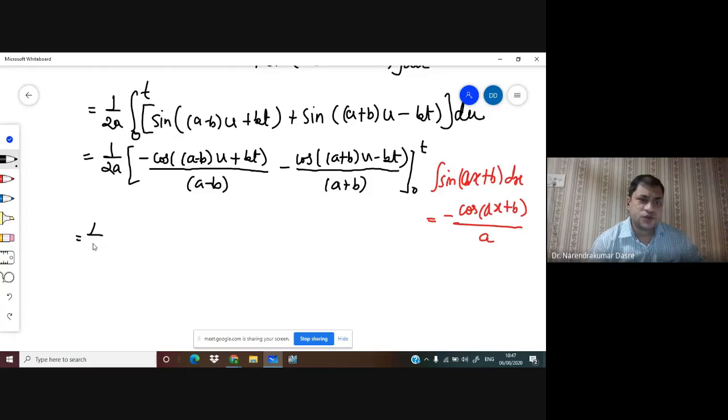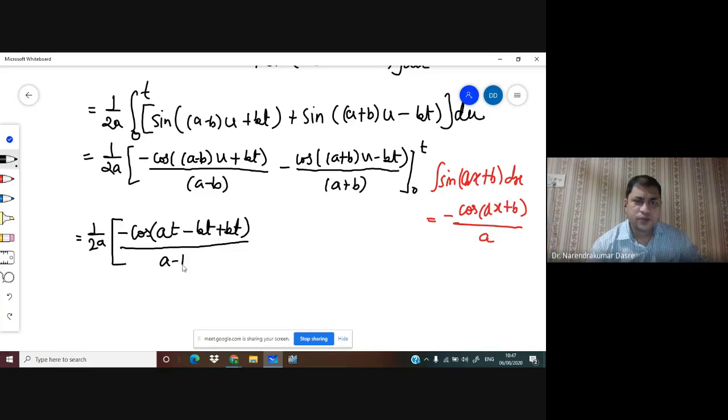So 1 by 2a. Now apply the limit. If I put u equal to t, then I'll have minus cos of at minus bt plus bt upon a minus b.